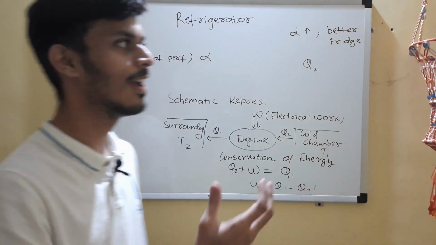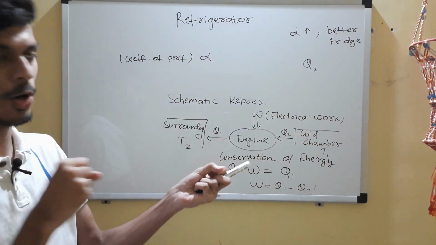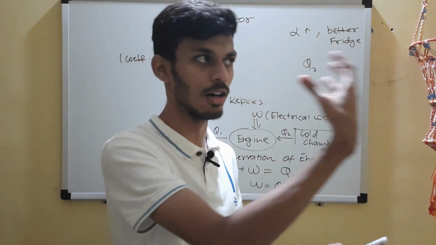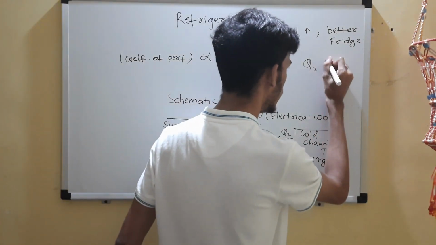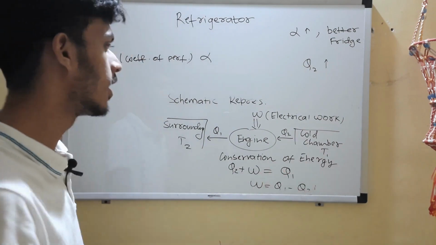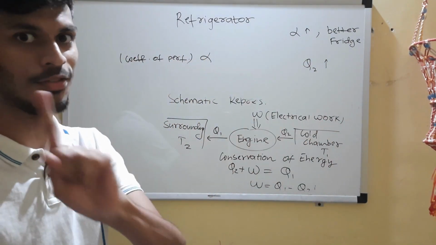High, of course, right? Because a good fridge should extract more heat from the cold chamber, keeping it even more cold. Q2 should be high. This is heat removed, so it is cooling down that chamber.